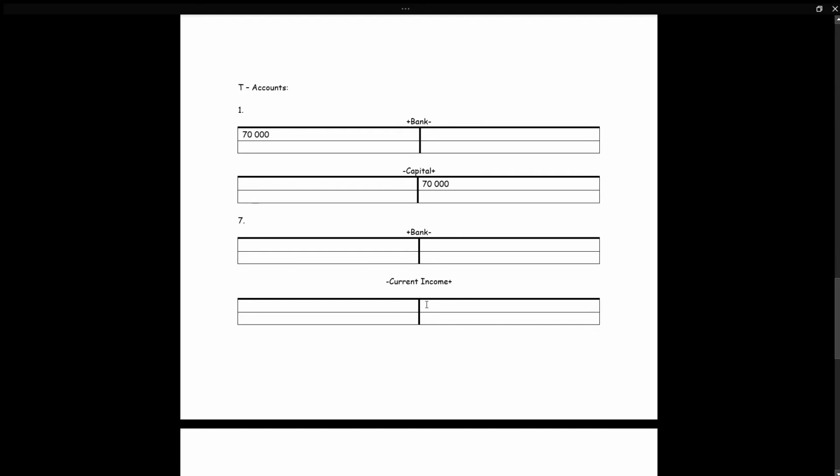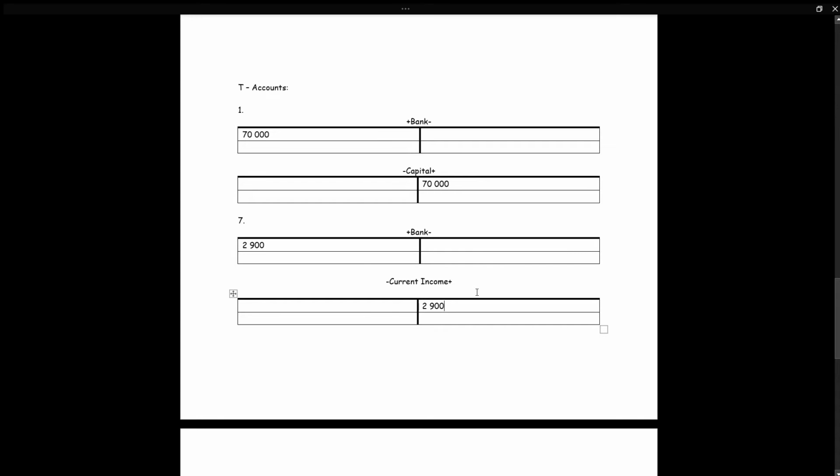And then current income, my other account, which is my money that I receive for my main service provided. Right, so bank will increase with that amount of 2,900 Rand, and my current income, which is classified as an income account, will also increase with 2,900 Rand. Bank will be debited, current income will be credited.